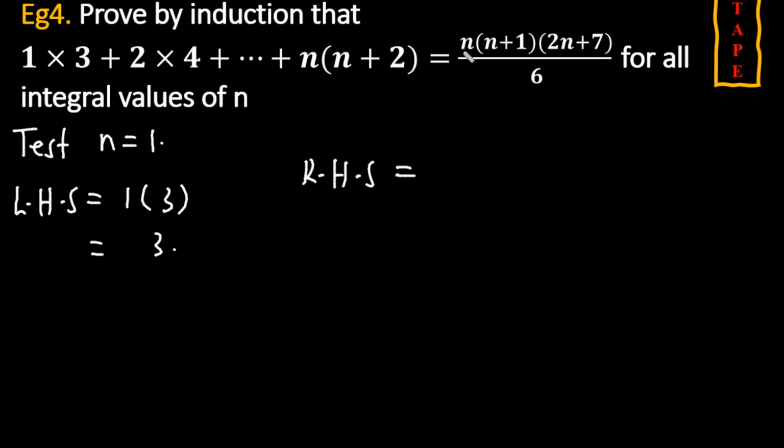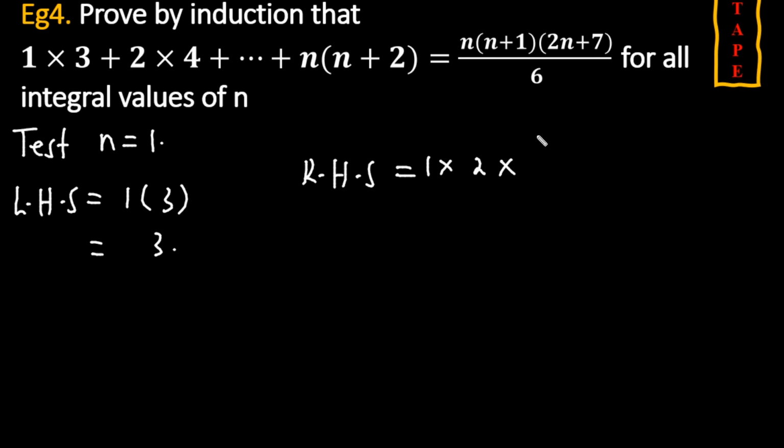we have our formula as n(n + 1)(2n + 7) divided by 6. Where there is n, we substitute a 1, okay? So we shall have 1 times (1 + 1), that is 2.